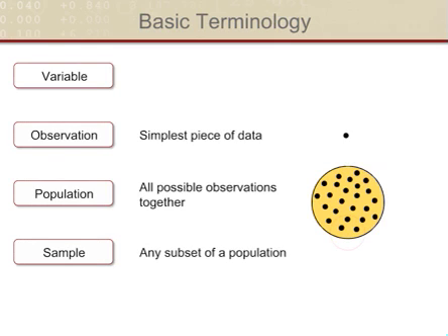Any subset of that population is called a sample. A sample doesn't have to be of a certain size. You could literally sample the entire population. You could sample 99% of the population. Then again, you can sample 1 or 2. So samples can have any range of sizes, but it's a subset of a population. And once again, going back to inferential statistics, we're using a sample to infer what's true about a population.